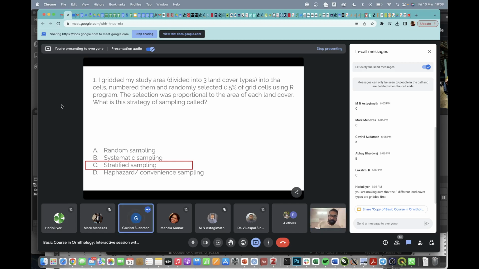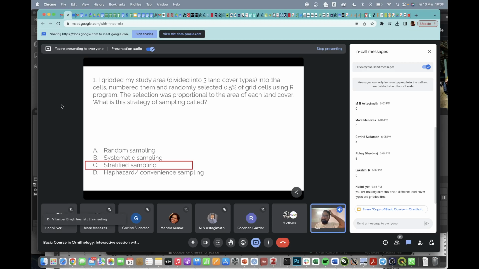Okay, so we are doing random sampling. We are throwing points randomly onto our survey region, which has different types of land covers. The probability of those points falling on a land cover is proportional to the area that land cover contains.